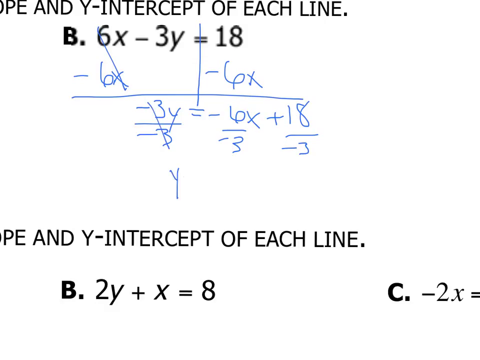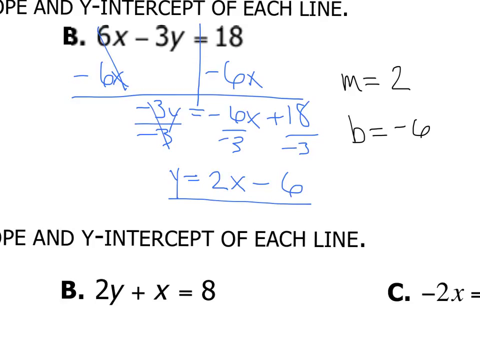So I'll get y equals -6 divided by -3 is +2. And then 18 divided by -3 is -6. Now that it's in the correct format, we can identify our slope is 2 and our y-intercept is -6.